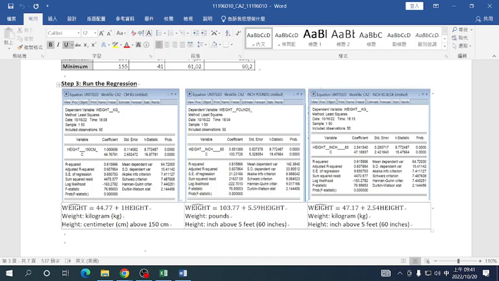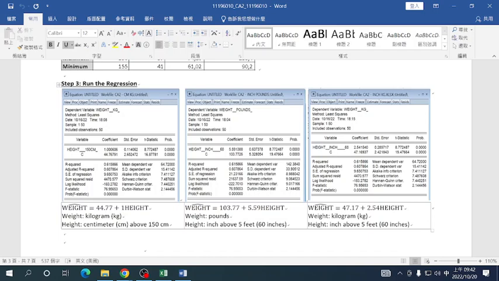This X is in inches, right? And this is in kilograms, okay? And this is also in inches. So we have a different Y.